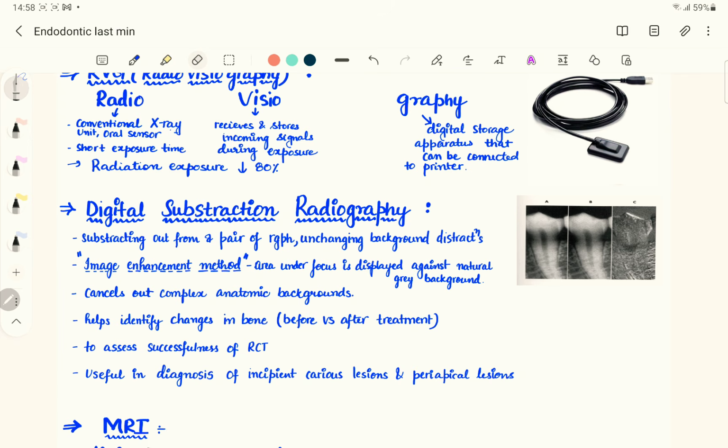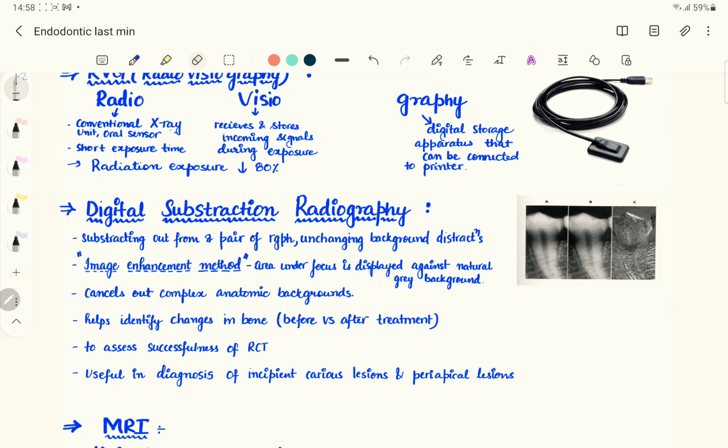Also, you can use this machine in the diagnosis of incipient caries lesions or any periapical lesions. Basically, it is going to cancel out the complex anatomic background, and it is only going to display the area under focus against this natural background.